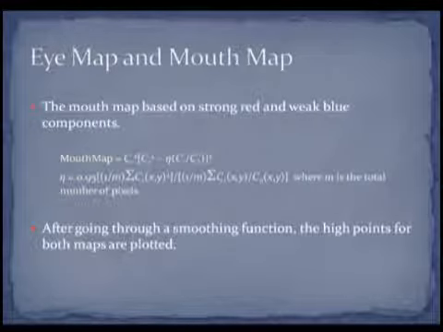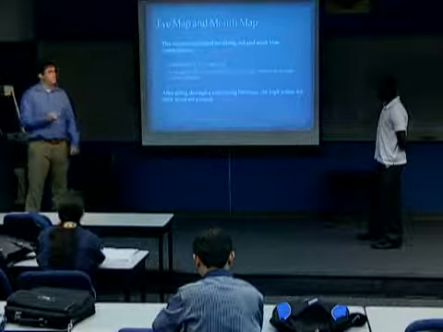The mouth map is based on strong red and weak blue components around the mouth. The eta component here is just the average of the pixel values for the Cr squared value, divided by the average of the Cr divided by Cb value.